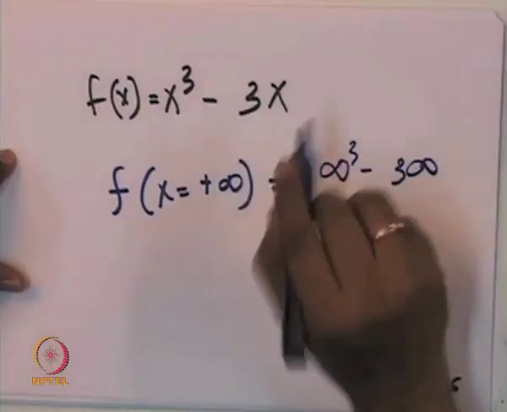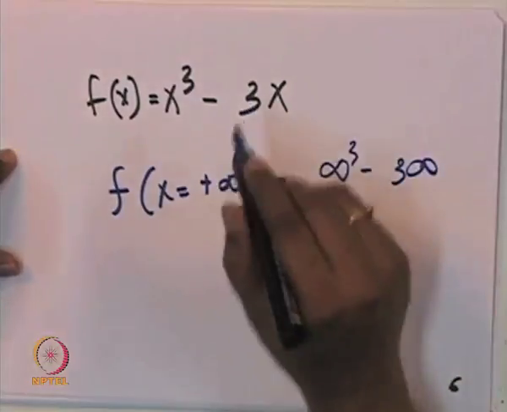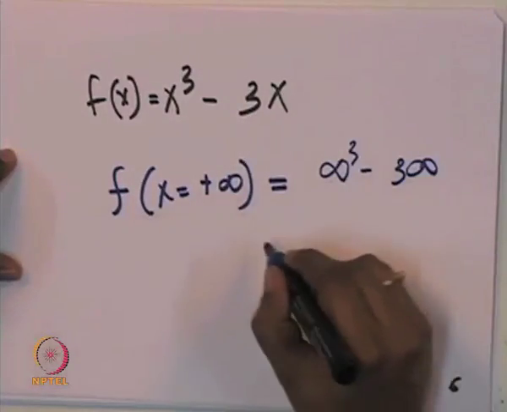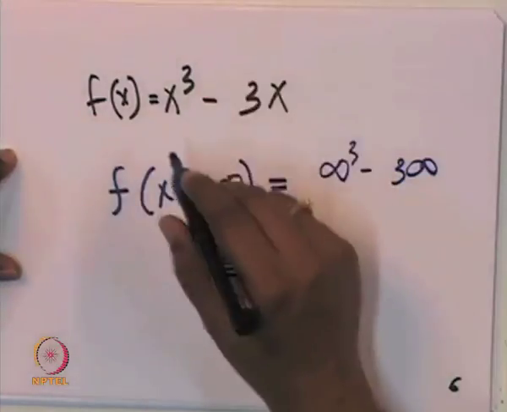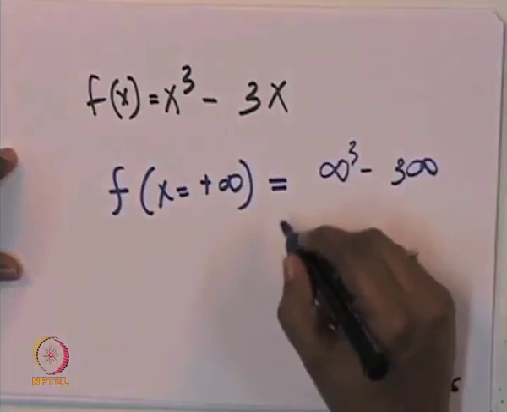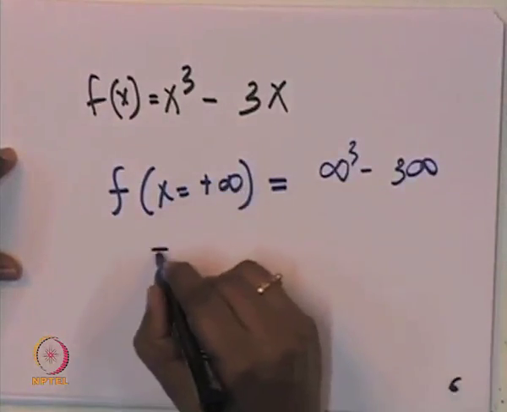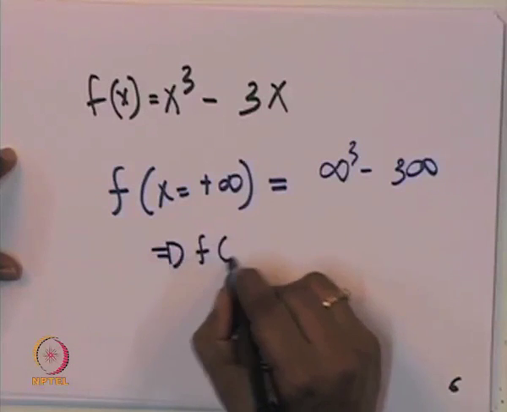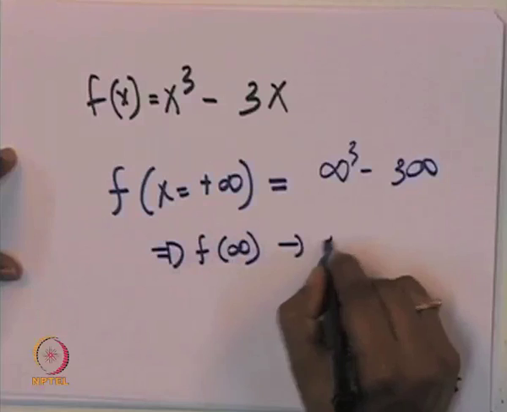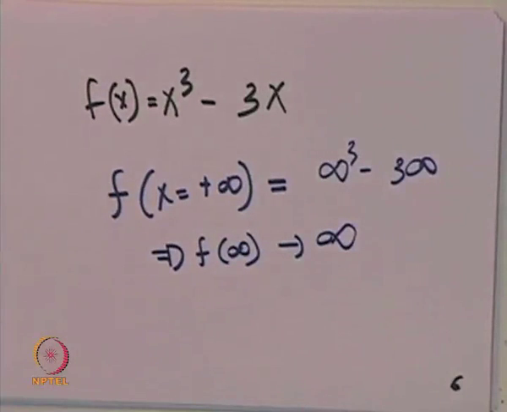You know that infinity cubed will be infinity. So, in the limit x going to infinity, where x is very large, f of infinity will go to infinity.